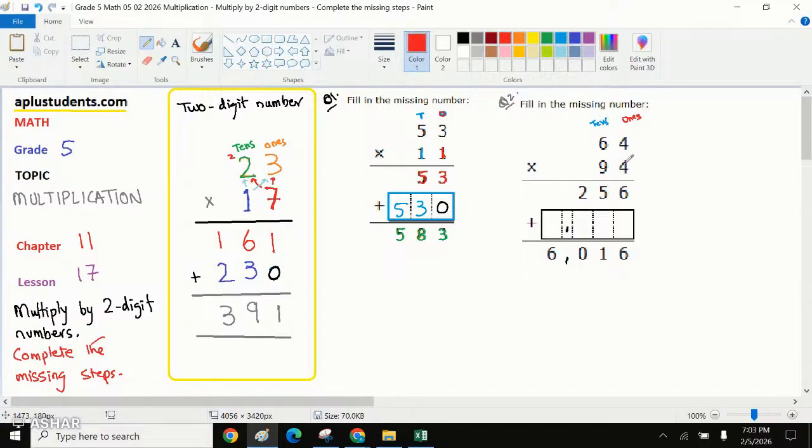When the 4 in the second number was multiplied by 4, 4 multiplied by 4 was 16. We carried a 1. 4 multiplied by 6 was 24. Plus 1 becomes 25. Right? This is already given to us. We are missing some values. Let's see what values would that be. When 9 is multiplied by 4, 9 is in tens position, right?